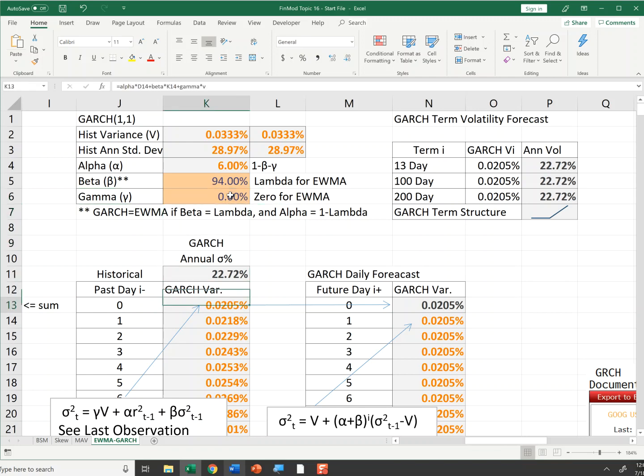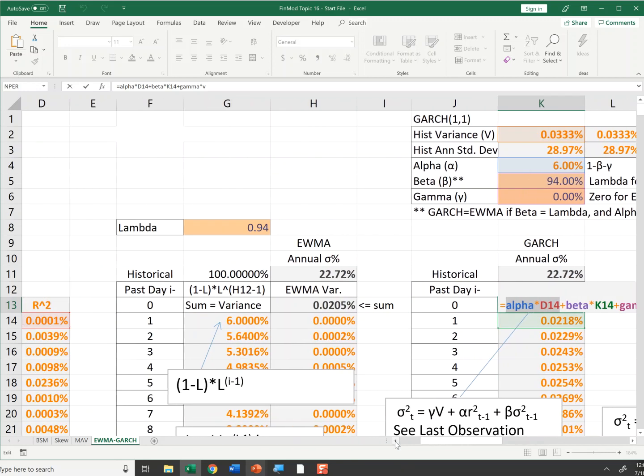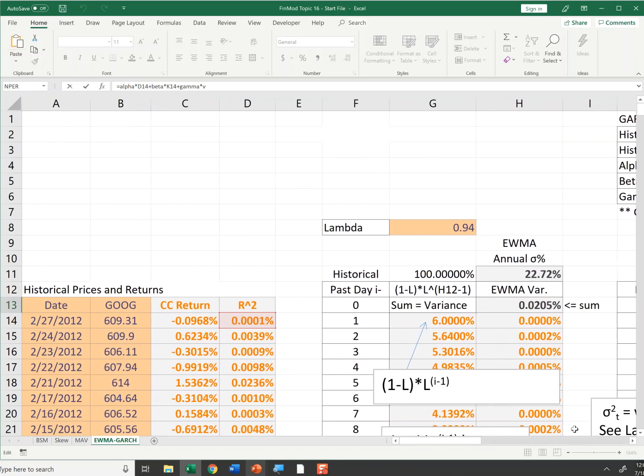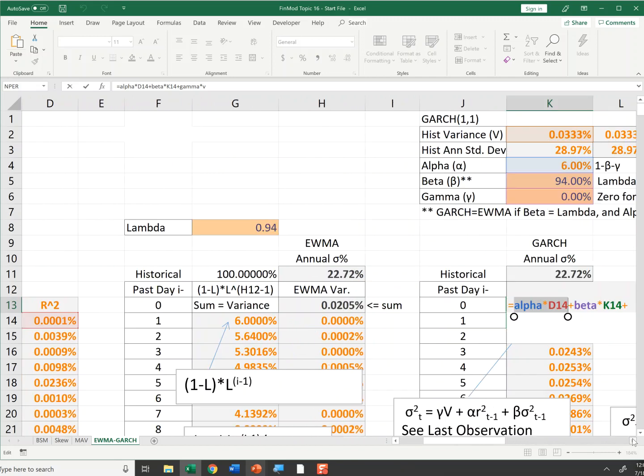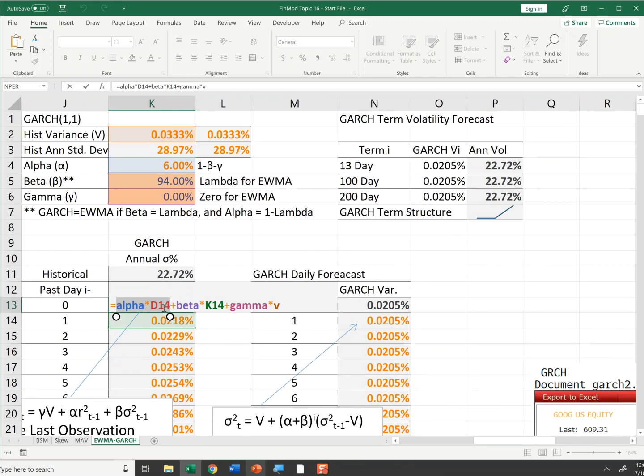When I do that and I plug in my GARCH first stage formula here, alpha times what happened yesterday, that D14 is simply the squared return on my most recent day, plus beta times the day before, which is basically the number right below here. I'm just going to copy this formula down. You can see I just copied it down.